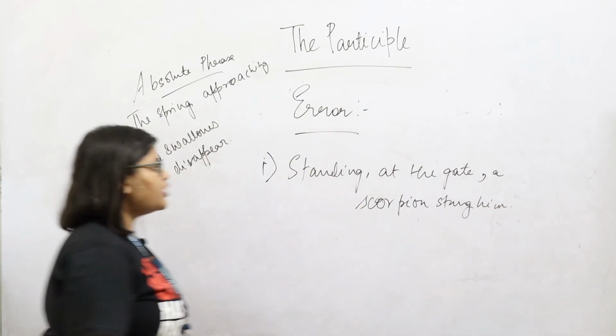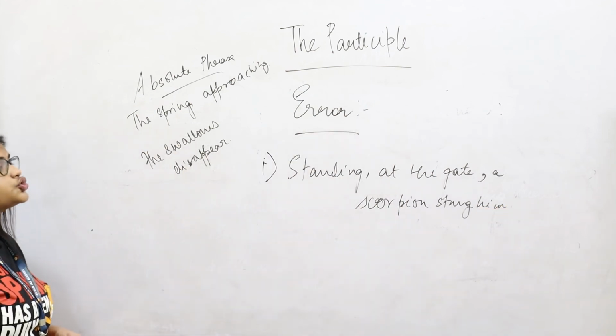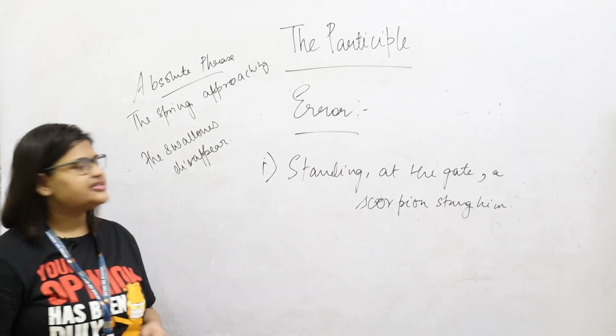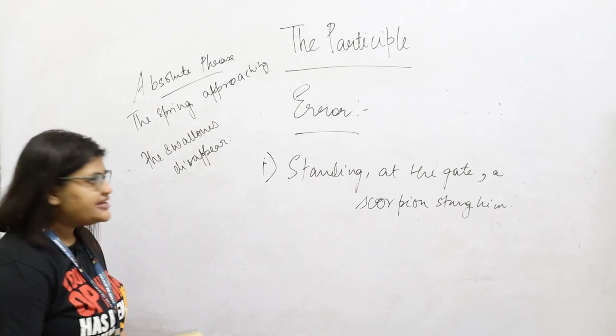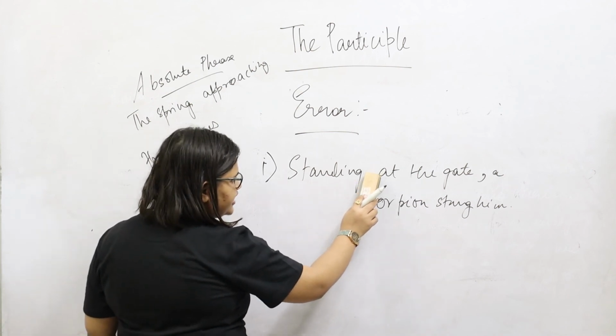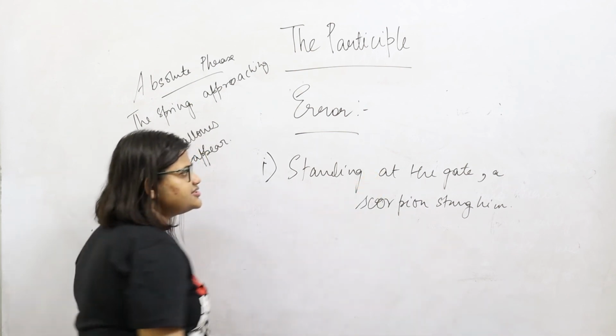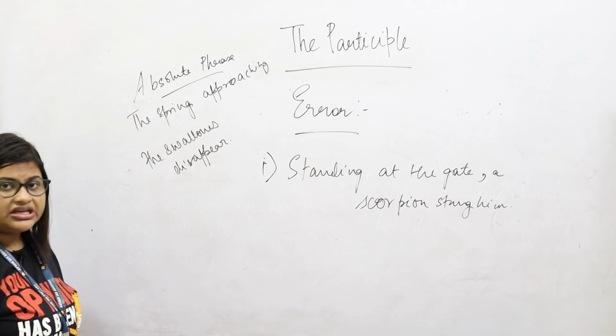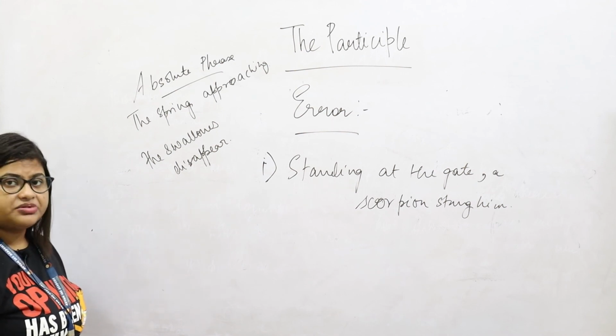If you look at the sentence, standing at the gate, a scorpion stung him, the meaning of the sentence has entirely changed. It looks like because he was standing at the gate, he was stung by the scorpion. But is that even the meaning? Is it because he was standing at the gate that the scorpion stung him?